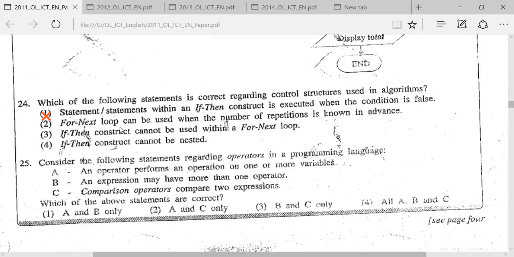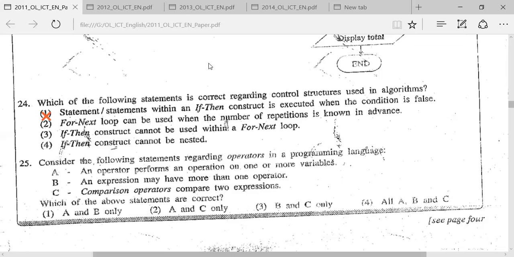For-next loop can be used when the number of repetitions is known in advance. Already we discussed this type of question in our class. For a for-next loop, we have to provide the initial value, ending value, number of repetitions, and so on, in advance.